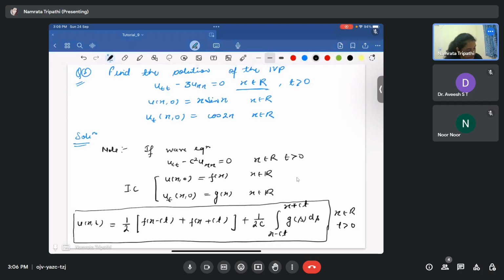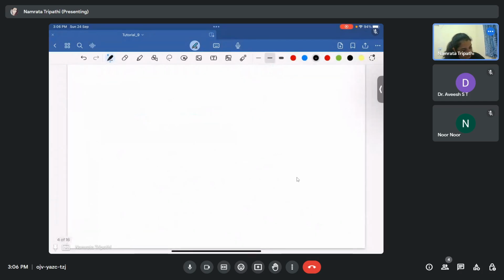Now you have to simply put the values. What is c? c squared is 3, so the value of c is root 3.